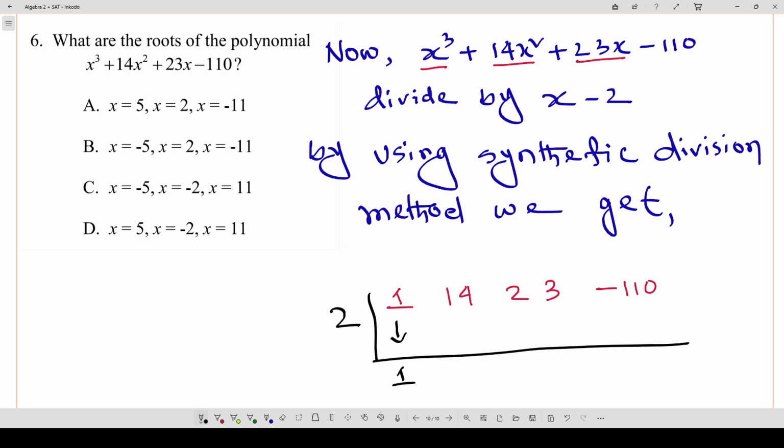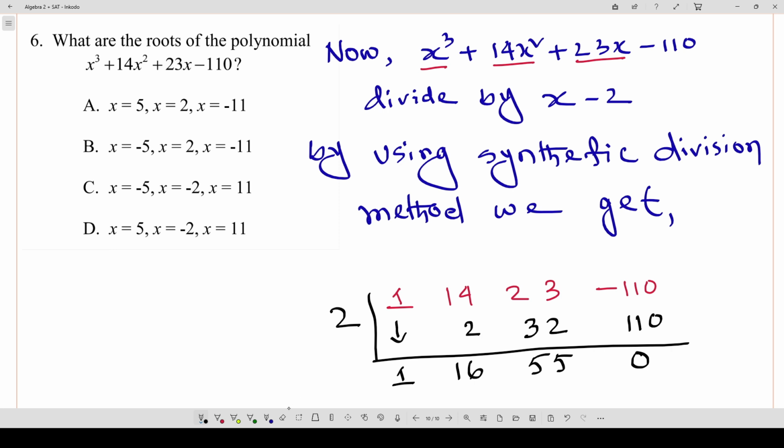Now 2 times 1 is 2, and once we add, we get 16. 2 times 16 is 32. So 23 plus 32 is 55. Now 2 times 55 is 110. Minus 110 plus 110 is 0.